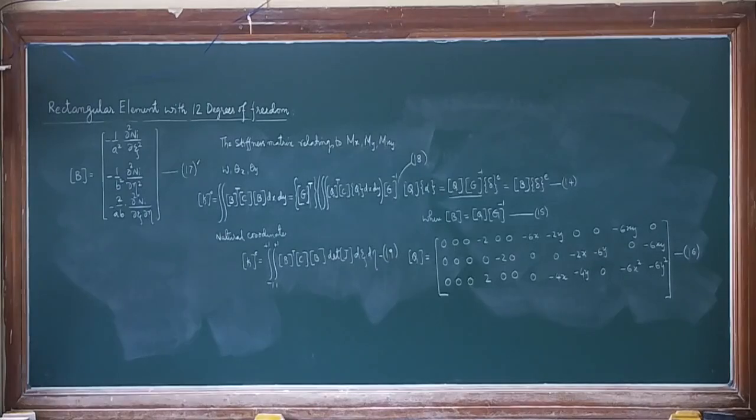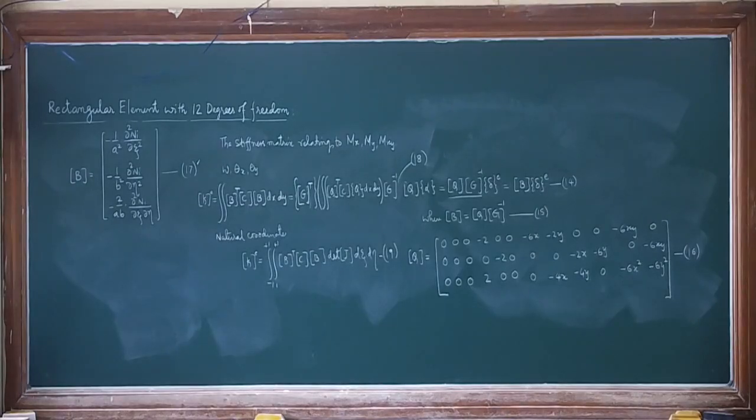And if you look at the equation number 19, which is in terms of the natural coordinates, the integration has to be carried out numerically. That I have already told you. D zeta, d eta, and determinant of J, when it comes, it has to be done, you can say, numerically. Of course, here it may be noted that the shape function expression always contains 4th order terms. Okay, and hence the second order differentiation, the terms in B matrix, they contain second order terms.